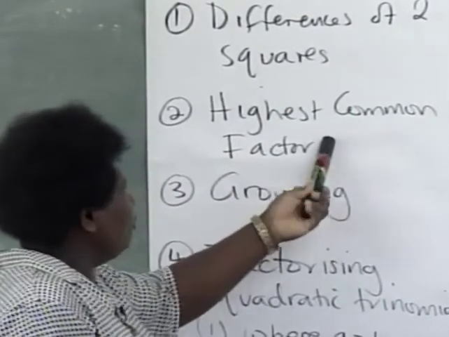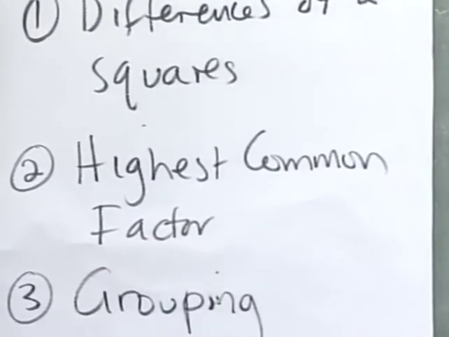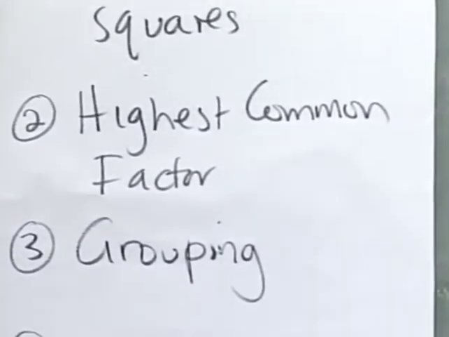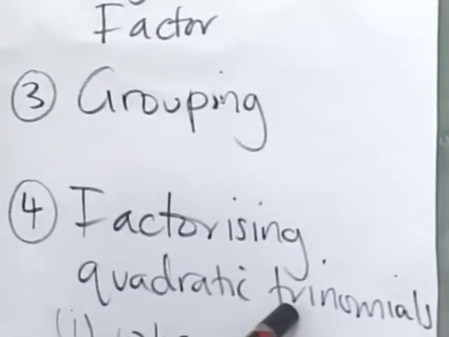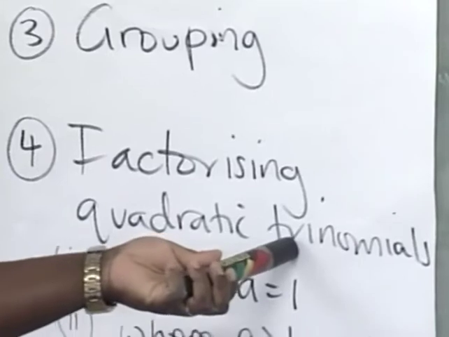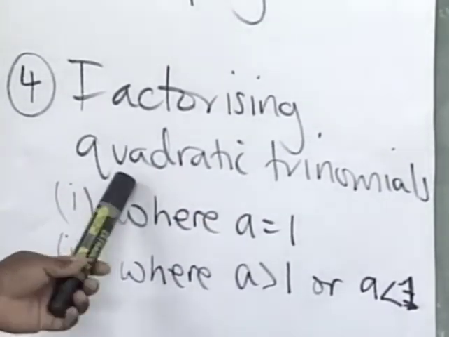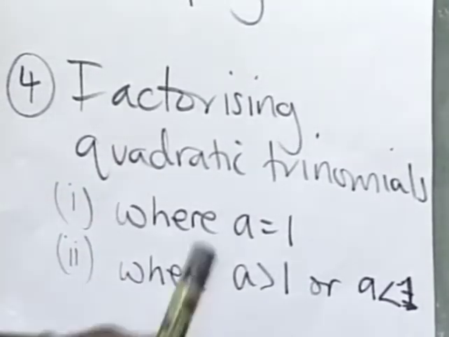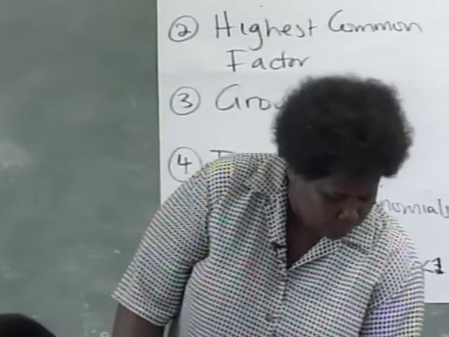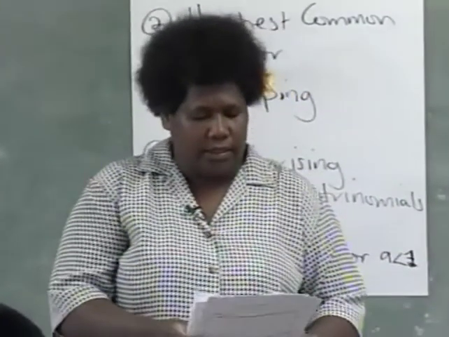You have to know when to use the highest common factor, when to use grouping, and whether it is a quadratic, in which case you use the method for factorizing quadratic trinomials. So I'm not going to tell you. You are going to do that by doing this exercise.